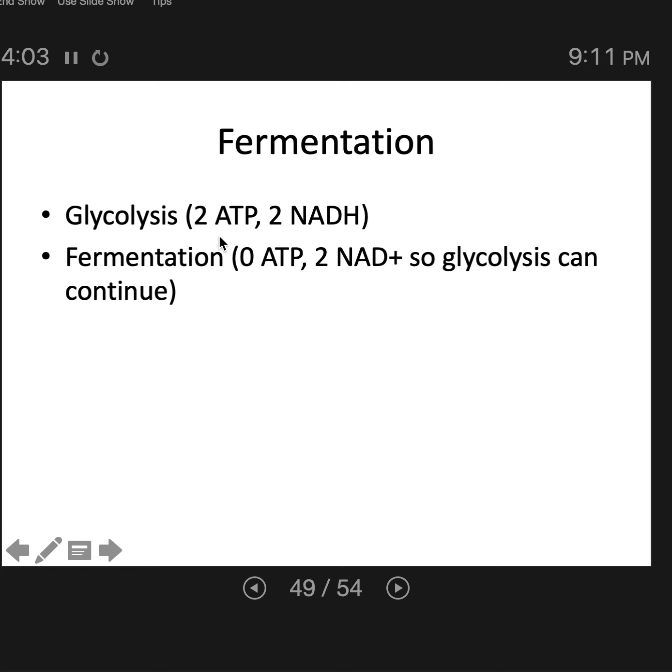It can't go and pick up more electrons from the citric acid cycle or the glycolysis step. So for glycolysis to keep generating at least 2 ATP per glucose, you have to have this fermentation step. In the fermentation step, no energy is converted to ATP, but the NAD+ is recycled. NADH is recycled back to NAD+ to keep glycolysis going.